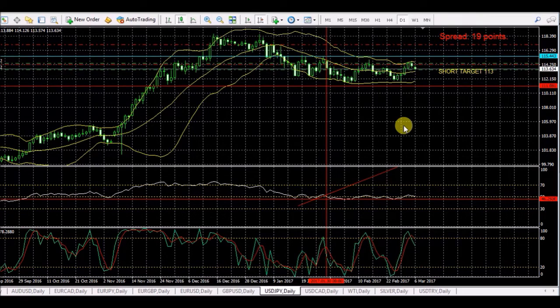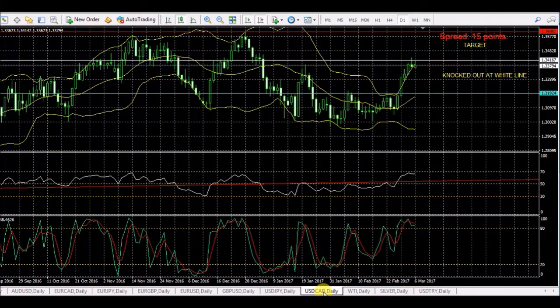It's not as short as it has been on the commitment of traders, but I'm still thinking this is going to go down. It's gone down a little bit today. I've protected one of my positions here. I brought my stop loss down to get some profit guaranteed in. My other stop loss is up here, so we'll leave that till tomorrow and see how that goes on.